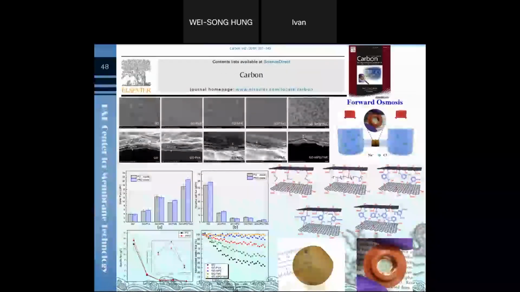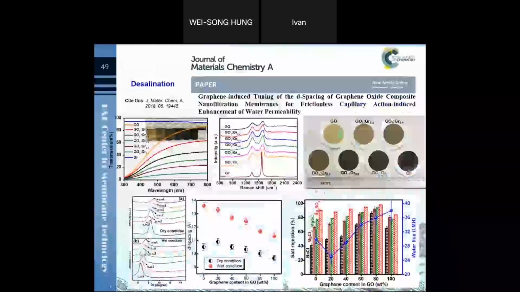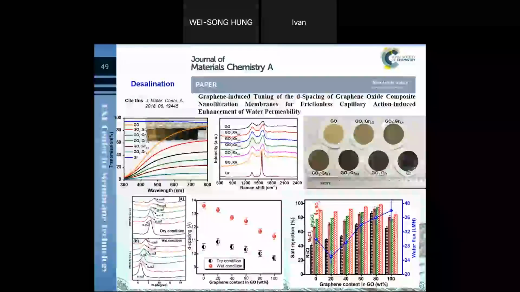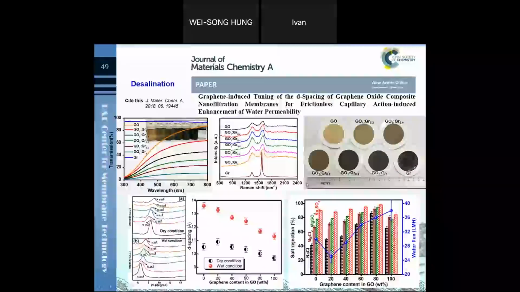After that, we also focus on preparing ultra thin graphene oxide membranes for forward osmosis membrane applications. I will show it quickly. In the previous study, we used the graphene oxide for different kinds of separation applications. Then we also considered how to directly use the graphene for separation. We know graphene cannot be dispersed in water.